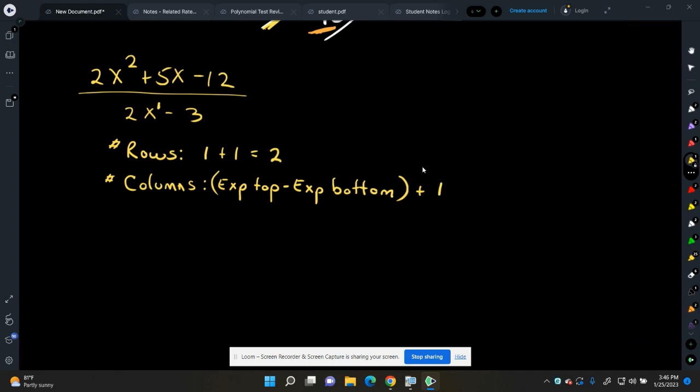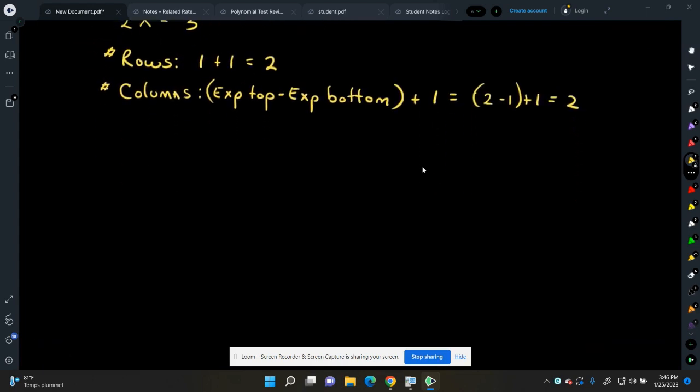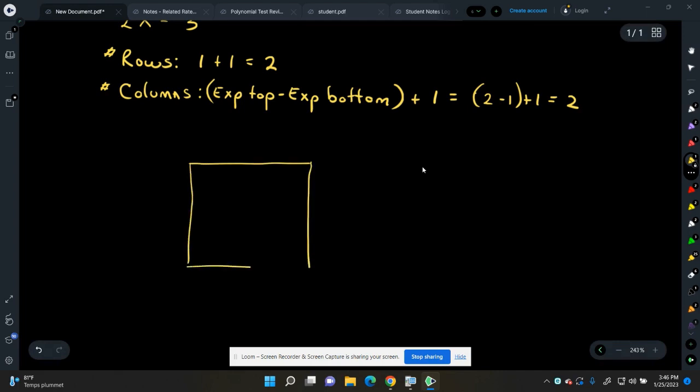So the math way of saying it is the degree of the numerator minus the degree of the denominator plus 1. So in this case it's going to be 2 minus 1 plus 1, which is 2. So I have 2 rows and 2 columns.